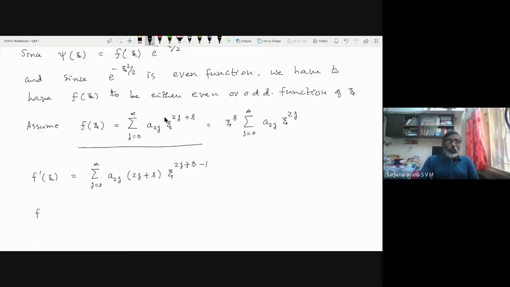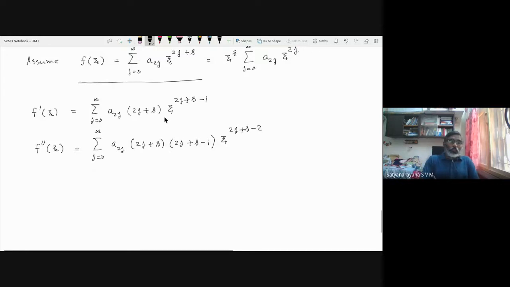And f double prime of psi is equal to the sum over j equal to 0 to infinity of a_2j, 2j plus s into 2j plus s minus 1 into psi to the power 2j plus s minus 2.